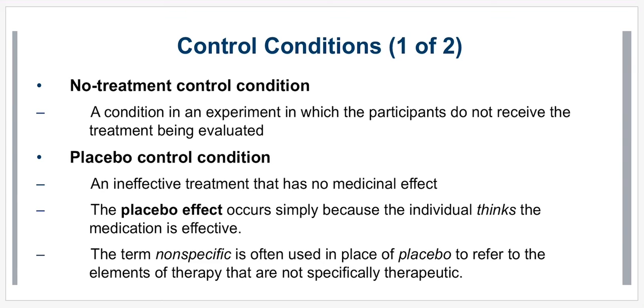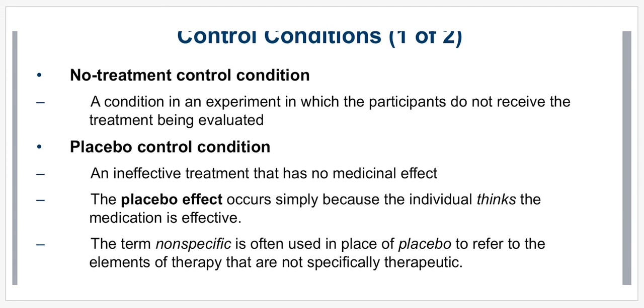So the two primary kinds are the no treatment control condition and a placebo control condition. The no treatment is when the participants are not receiving the treatment at all, right? That's kind of what we were just talking about.